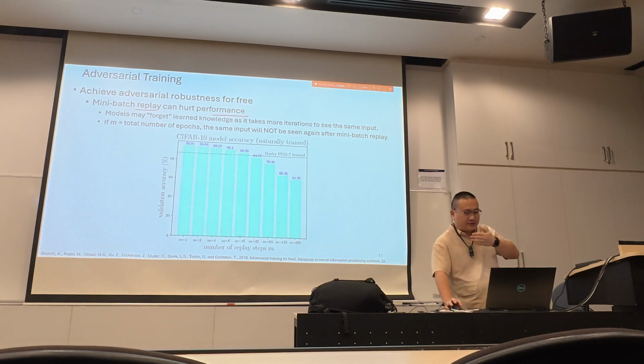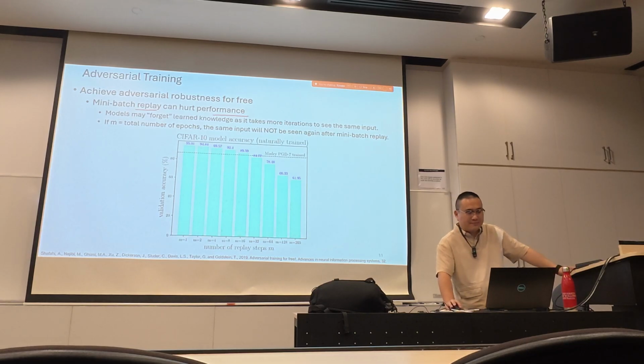If we choose a large value for M, then the model can forget the learned knowledge, because it takes a lot of iterations to see the same input. If M is set to the number of iterations, for example 200, you can see a big decrease in the model performance.